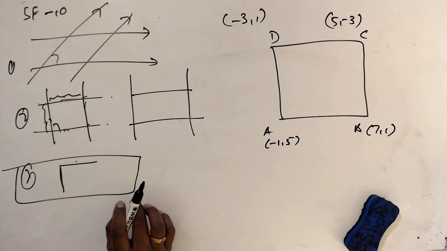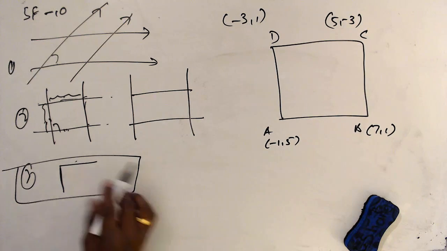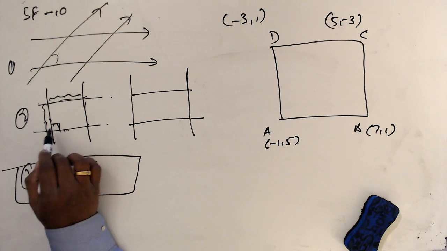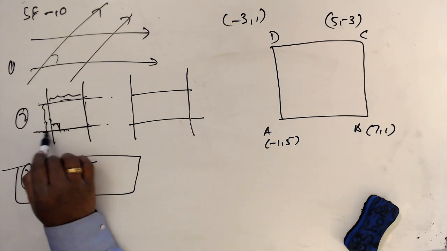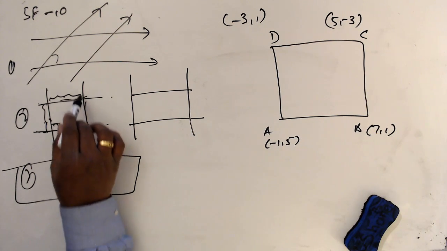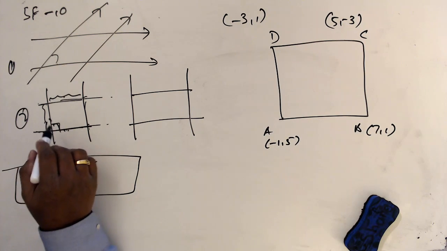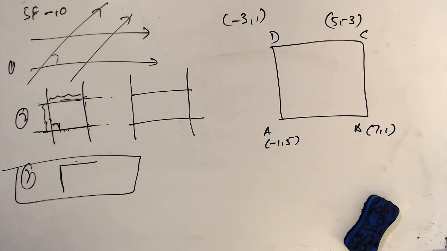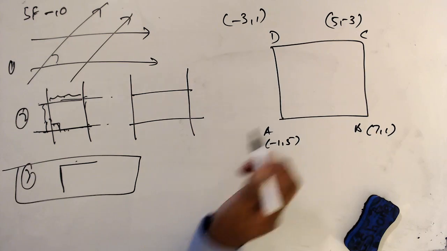Actually, when this is 90 degrees, this is parallel to this one. Already we know that. As a result, it's enough to show that two lines are perpendicular.